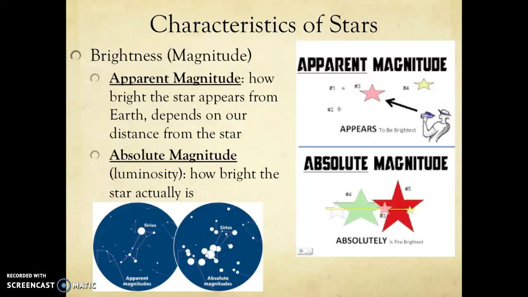So you can see in the diagram at the bottom of the screen, it's showing what some of the constellations look like. And in that first circle, you can see those stars look like very small dots. So those stars appear to be not very bright. So they don't appear very bright. That's the apparent magnitude.